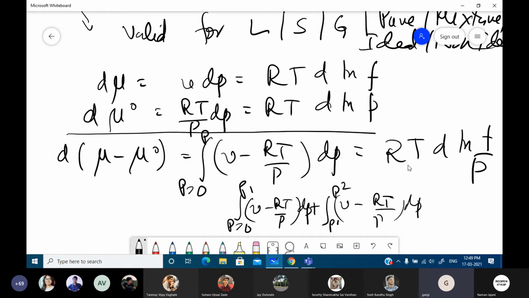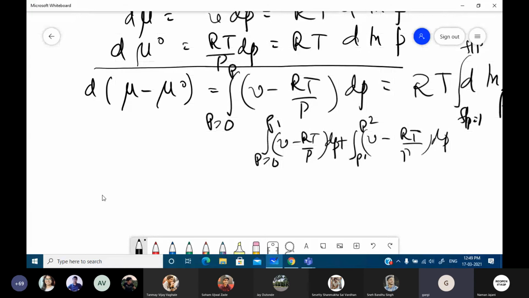And this one you are going to integrate from f by P equals 1 to f by P, as a result of which you finally get that d mu, this again you integrate from mu 0 to mu, mu minus mu 0 equals 1 to mu minus mu 0.